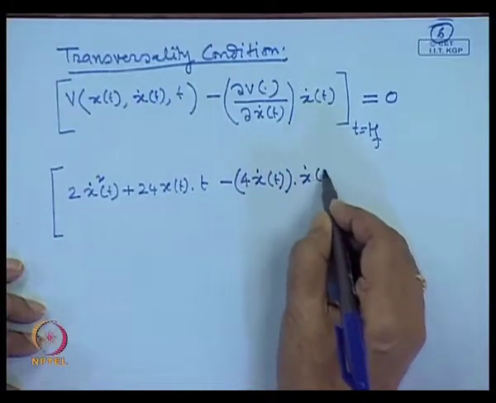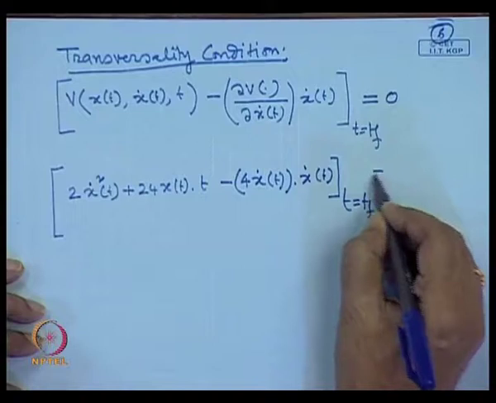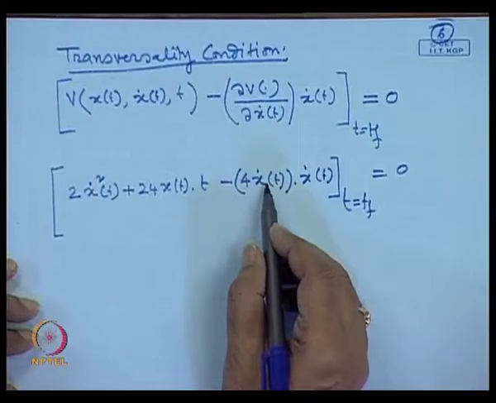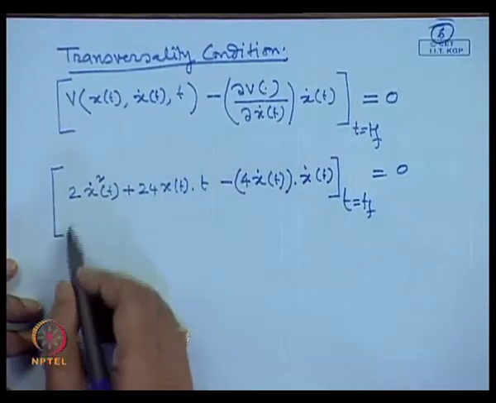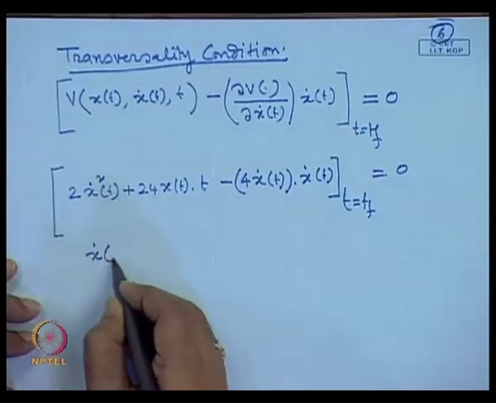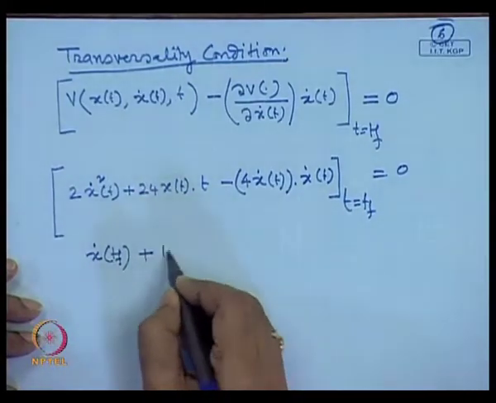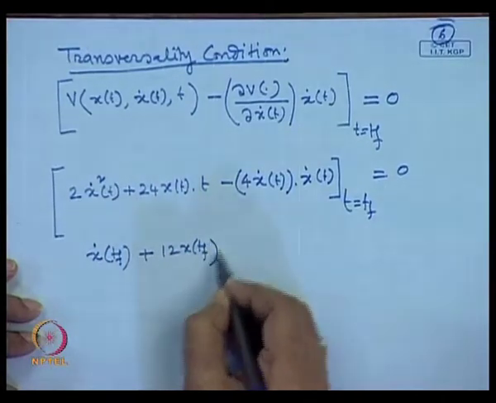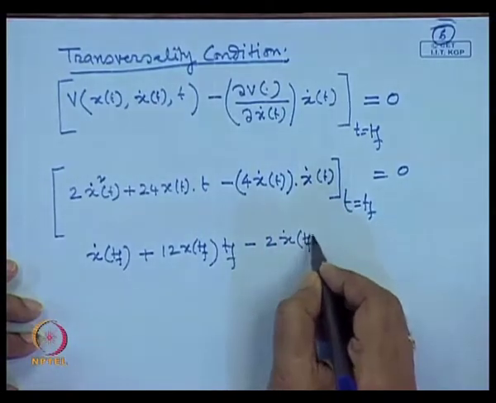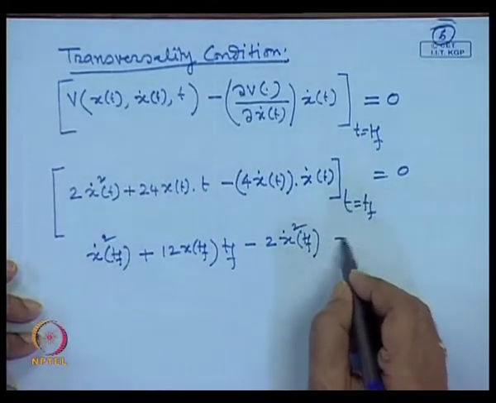So, put t is equal to T f, and this is equal to 0. There is a 2, divide by it, so x dot of T f, putting t is equal to T f, plus 12 x of T f into T f minus x dot square at t is equal to T f, this is square, I missed it. So, this is equal to 0.